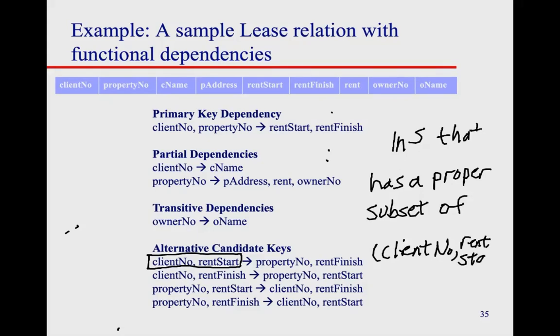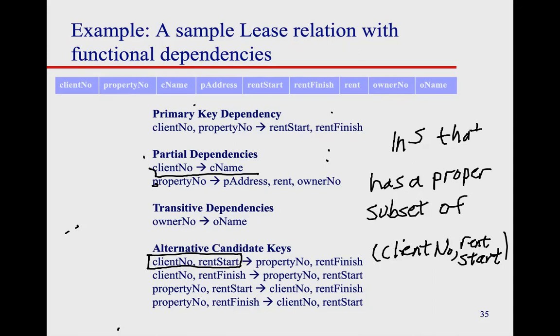And there's only one such relation, and that is this one right here. So client number is a proper subset of client number and rent start. So it is our one partial dependency in this case.